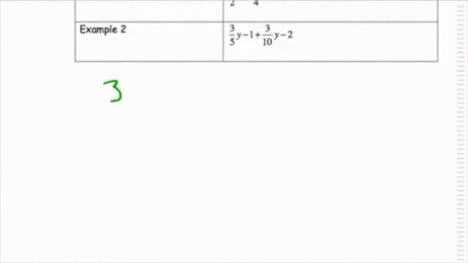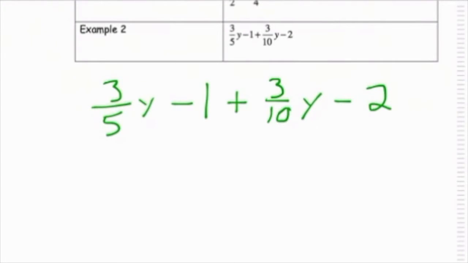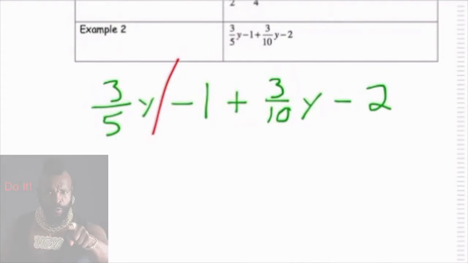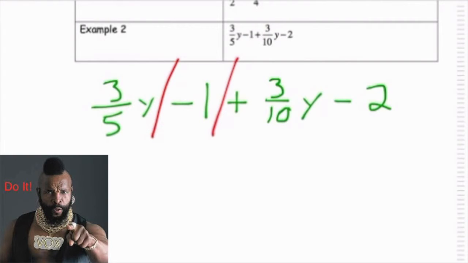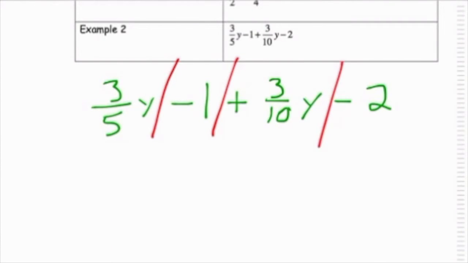All right, now it's 3/5 y minus 1 plus 3/10 y minus 2. This is going to get a little more challenging now. Split up your terms. Once again, this is a positive, this is a negative, this is a positive, and this is a negative.